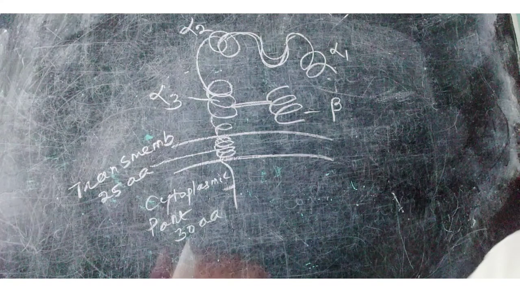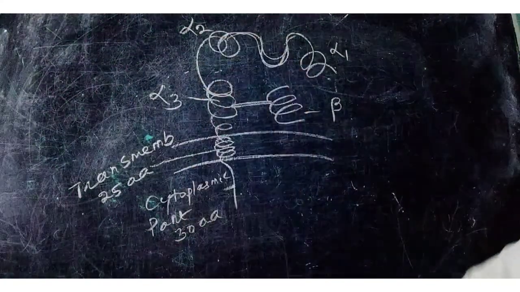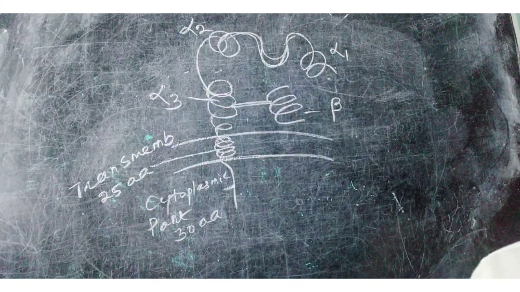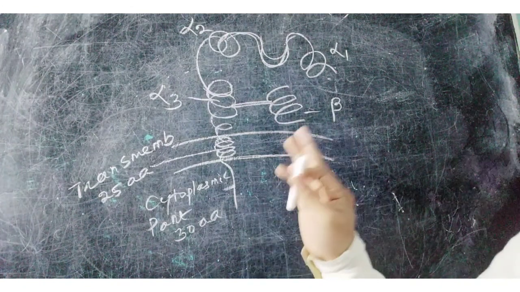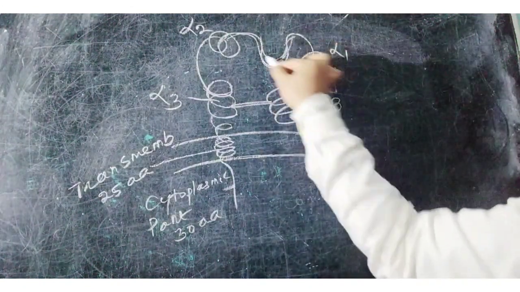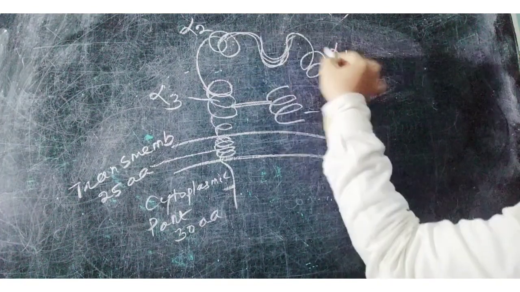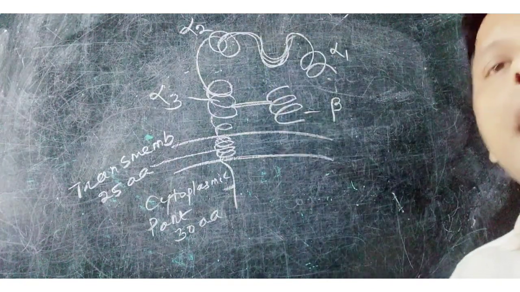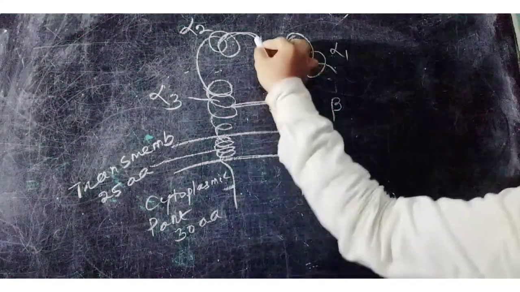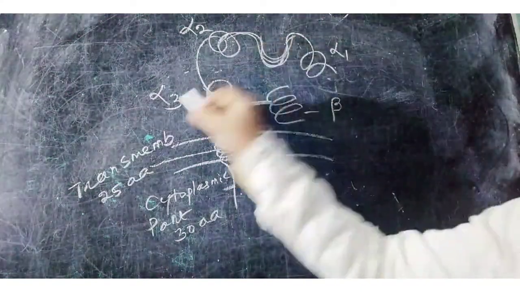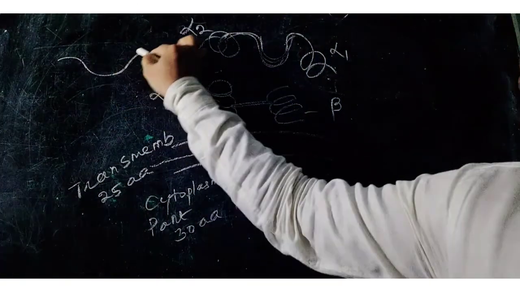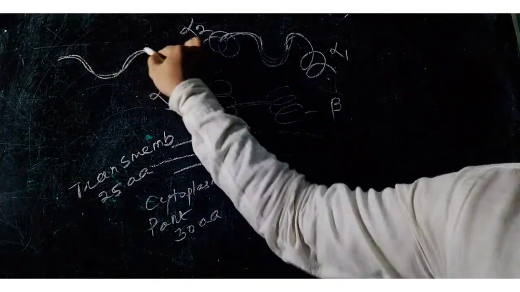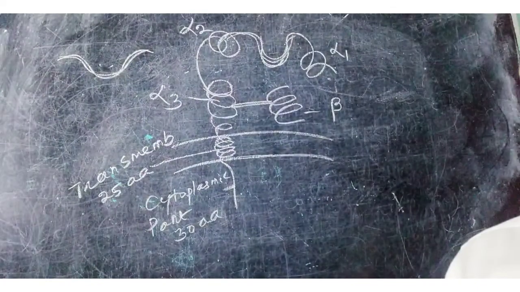Alpha 1 and alpha 2 together interact to form 8 antiparallel beta strands. This part is the interacted part of alpha 1 and alpha 2. This interacted portion forms elevated regions and a groove.